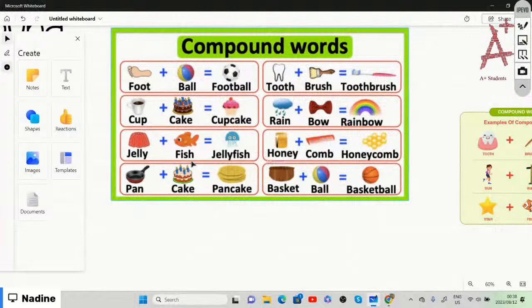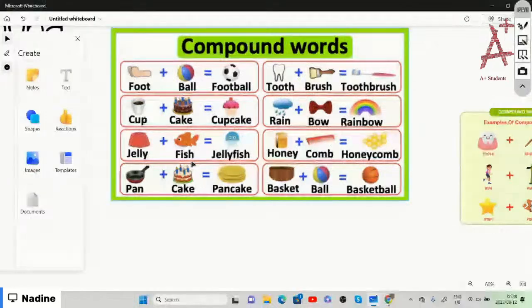Cake that we eat on our birthdays or celebrations, right? But now a pan plus a cake is a pancake, right? Pancakes that we make in a pan, almost like a flat type of bready food. Then we have tooth plus brush, which is a toothbrush.